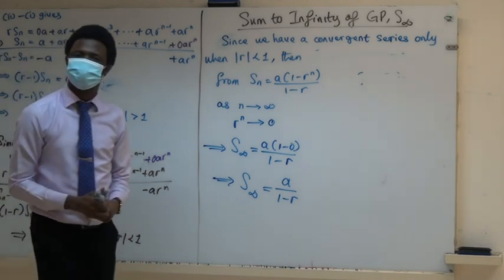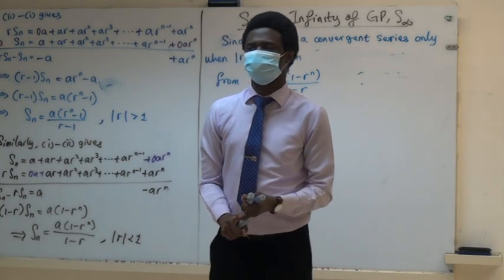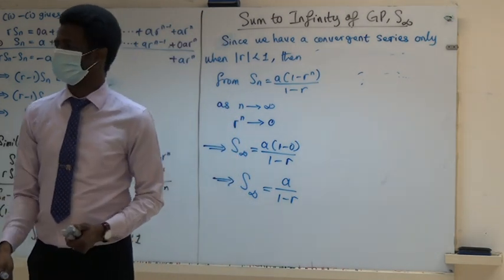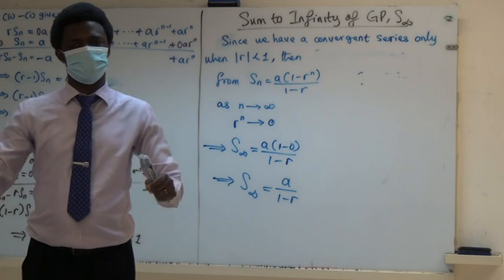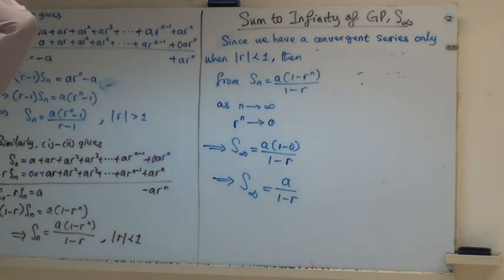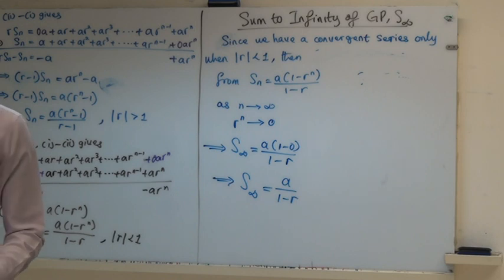Let's test that. 2 plus 1 plus 0.5. That's a GP, right? With first term of 2. No, let's start with 4, so it doesn't look like half and 2 are kind of similar. Start with 4: 4 plus 2 plus 1 plus 1 over 2, which is 0.5, plus 1 over 4.